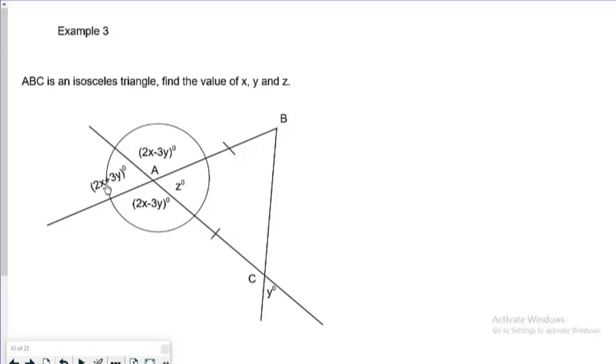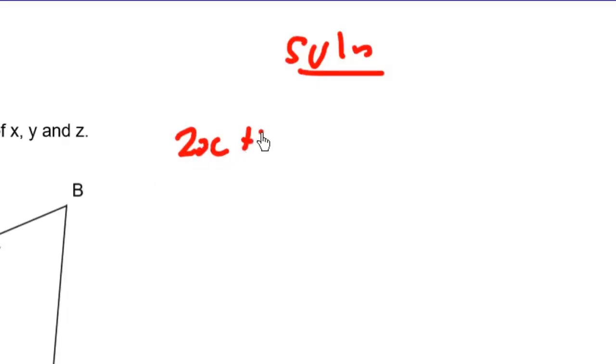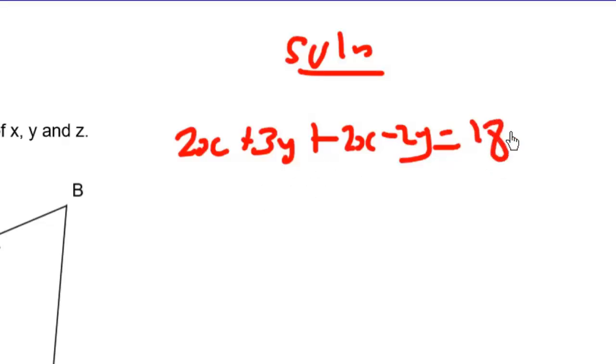Now I know that these two angles are on a straight line, so they'll add up to give me 180. So solution, you know that angle 2x plus 3y plus 2x minus 3y. So this angle and this angle, we should add up to give us 180 degrees.